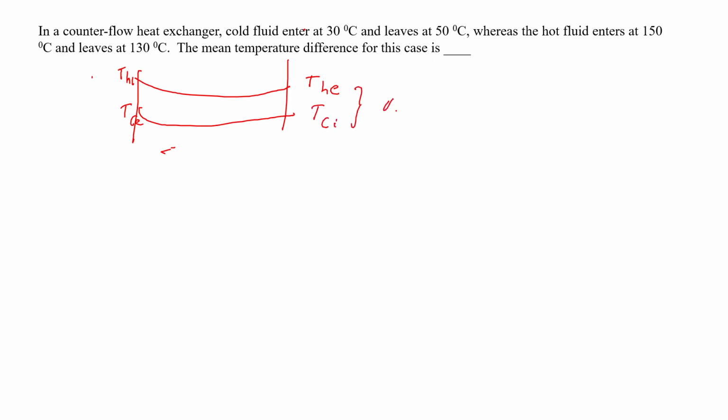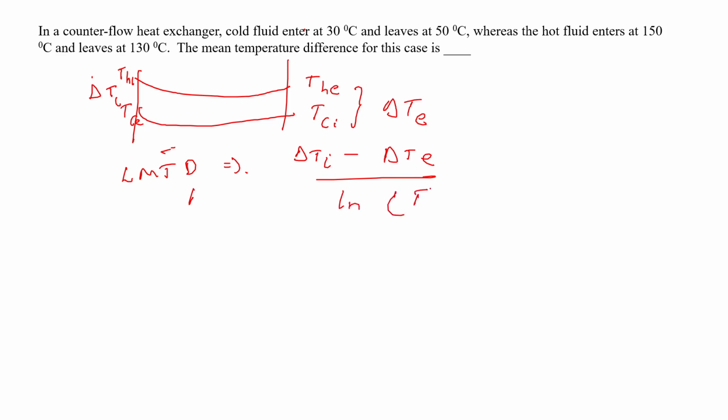The difference at the exit will be delta TE and the difference at the inlet will be delta TI. Now you already know the LMTD formula: delta Ti minus delta Te divided by log of delta Ti divided by delta Te.